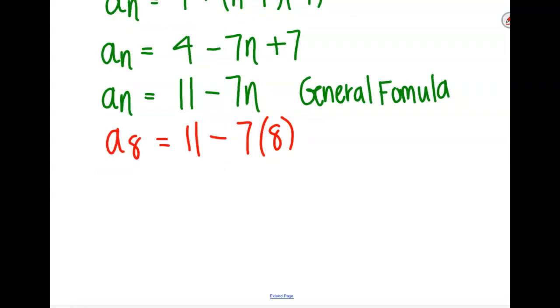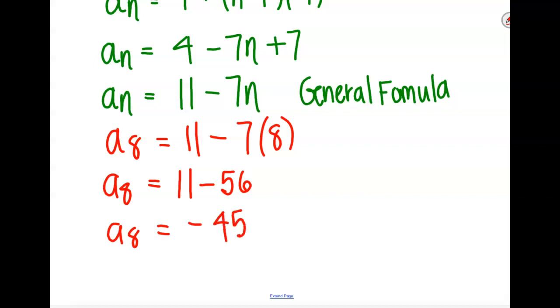So when we simplify it, we multiply our values together. Negative 7 and 8, negative 56, and then we get it to be negative 45. So that is the value of our 8th term.